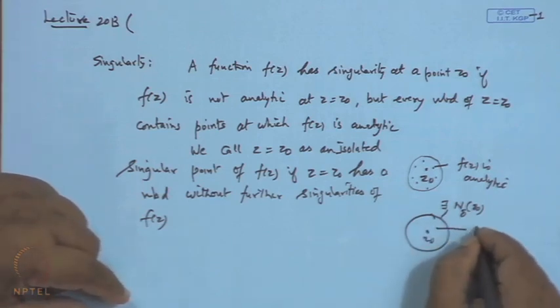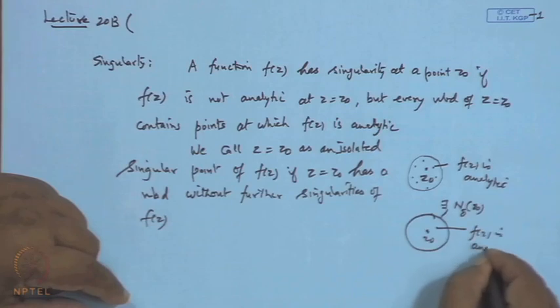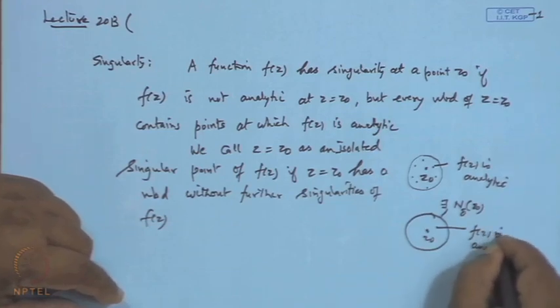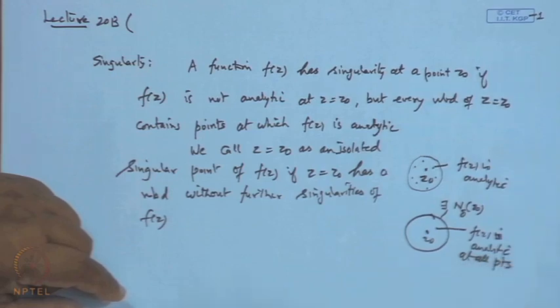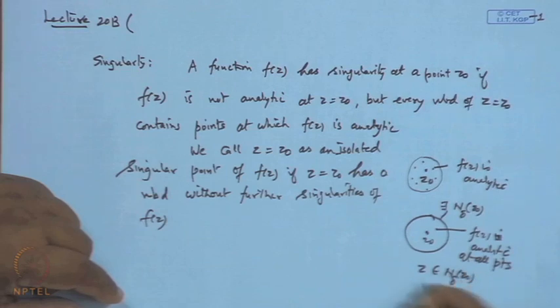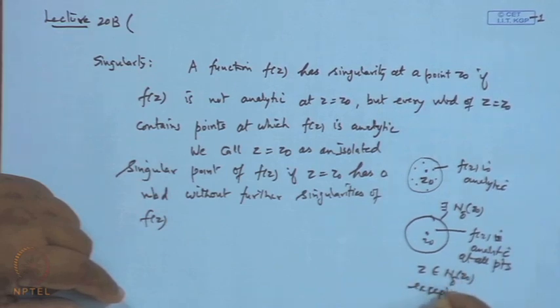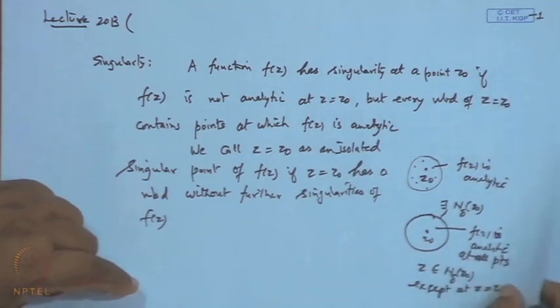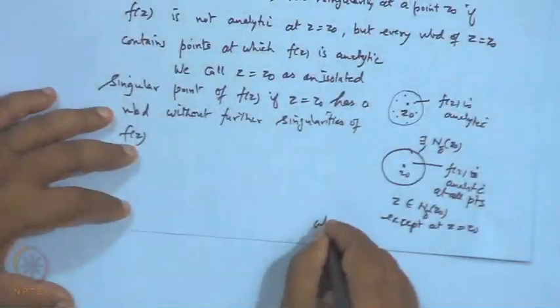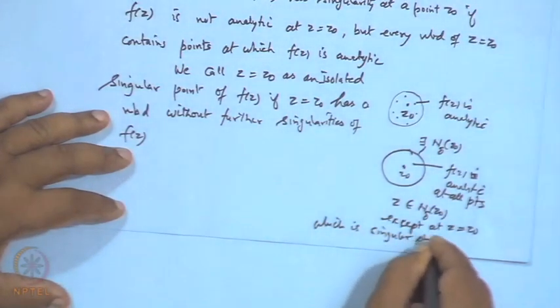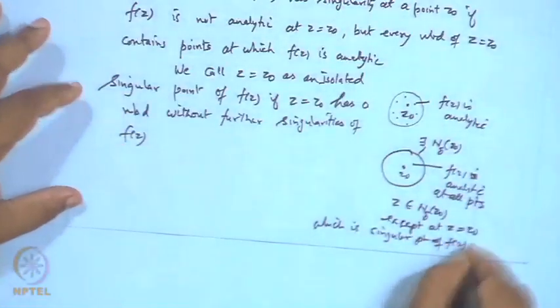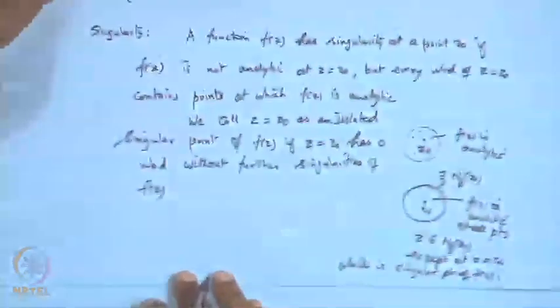So, at all other points f is analytic. f is analytic at all points z belonging to the neighborhood of z naught except at z naught, which is a singular point of f z. Then z naught is called an isolated singular point.